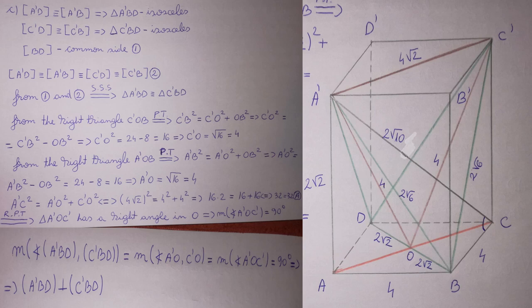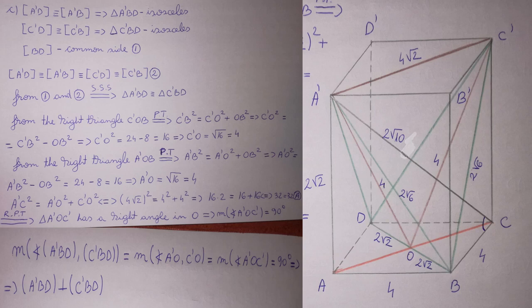So A'O is equal to the square root of 16, which is equal to 4.